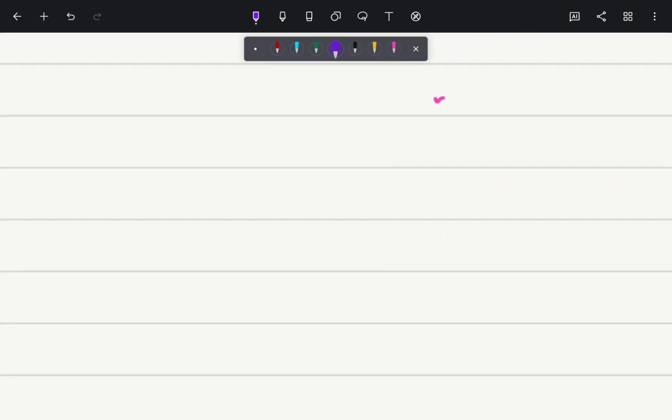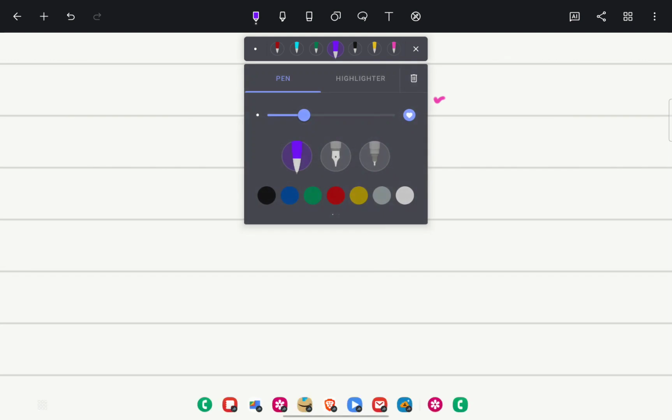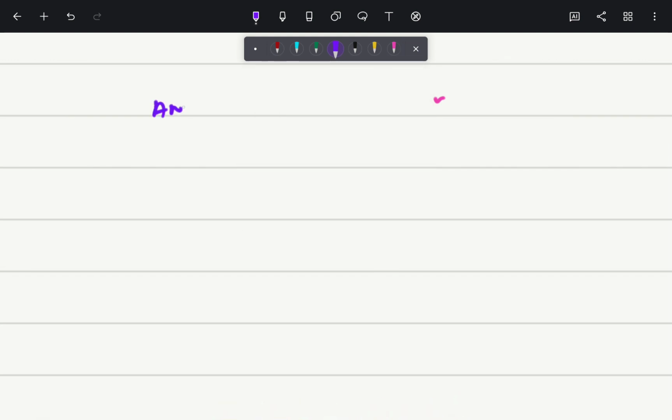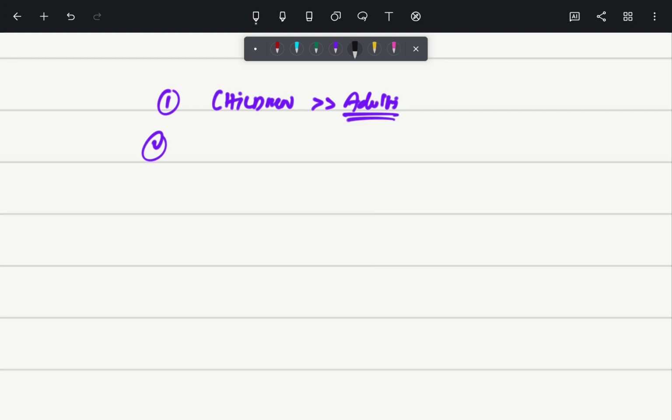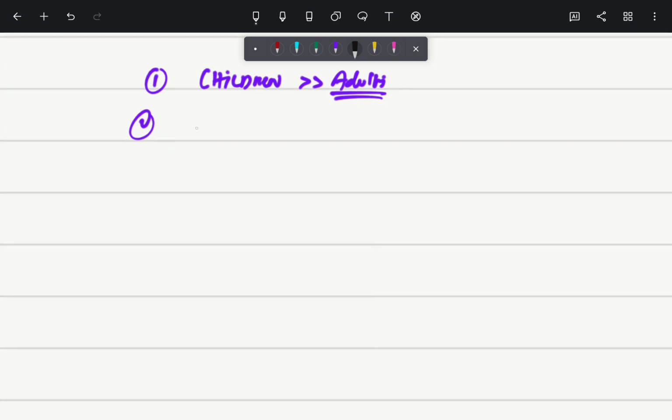Now some of the important points regarding the antrochoanal polyp. The antrochoanal polyp is commonly seen in children compared to adults. And not only that, it is mainly because of infection.